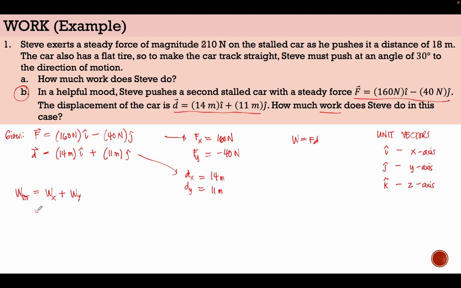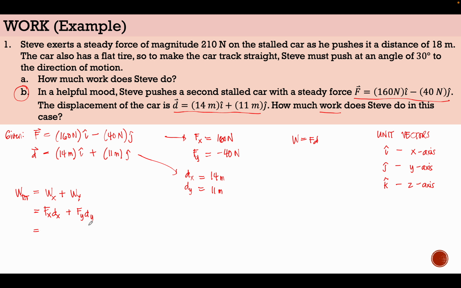So for the work along the x-axis, we have force along the x times the displacement on the x-axis, plus the force on the y-axis times the displacement along the y-axis. Since we have the values for the x and y components of the force and the displacement, we can solve for the total work done.